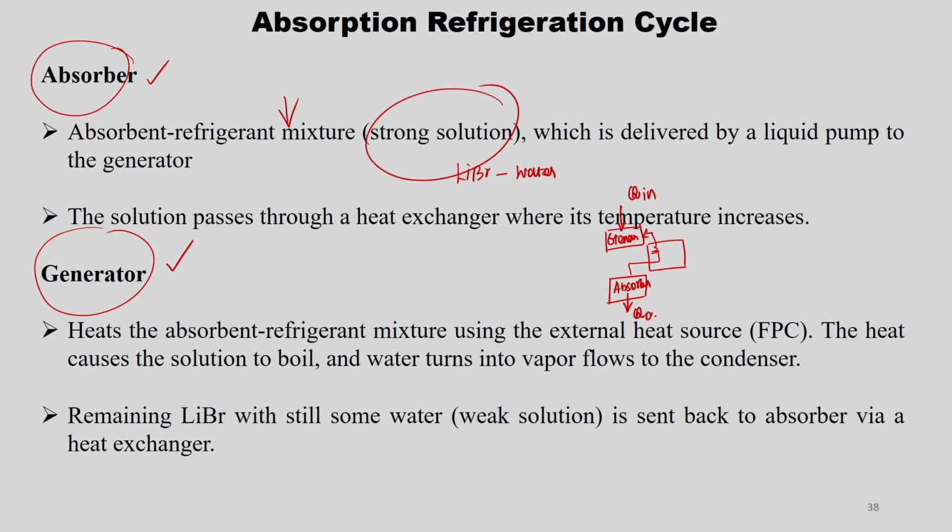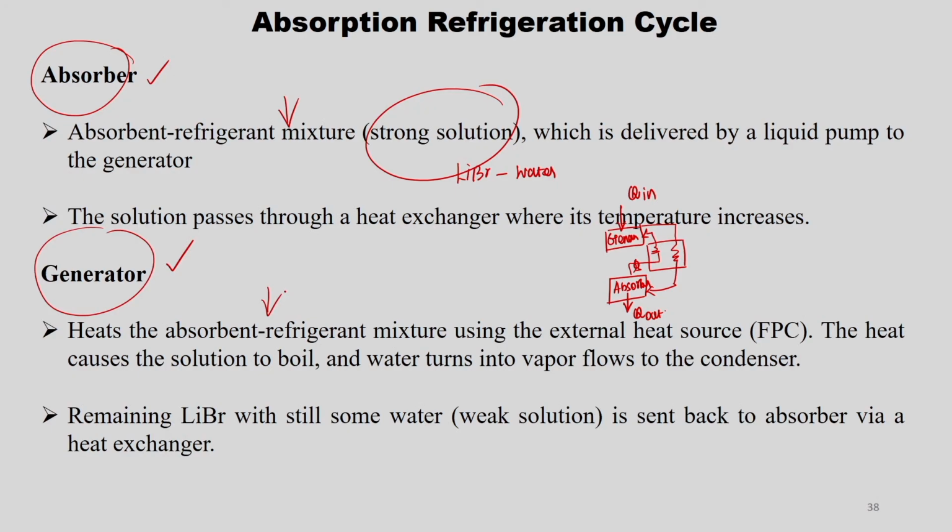So, in absorber heat out. So, what happens? In absorber the absorbent refrigerant mixture, that is nothing but a strong solution, is delivered by a liquid pump, right, to the generator. The solution passes through the heat exchanger where its temperature increases with the outcoming weak solution from the generator. And next one, in generator what happens?